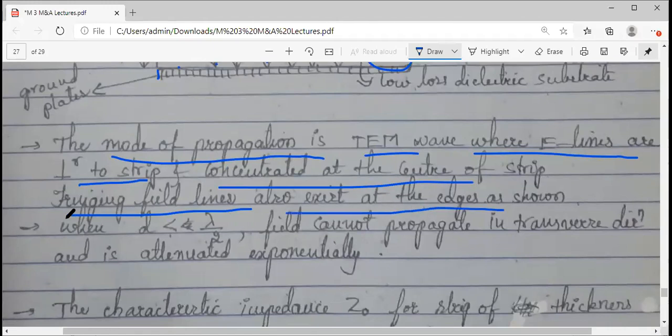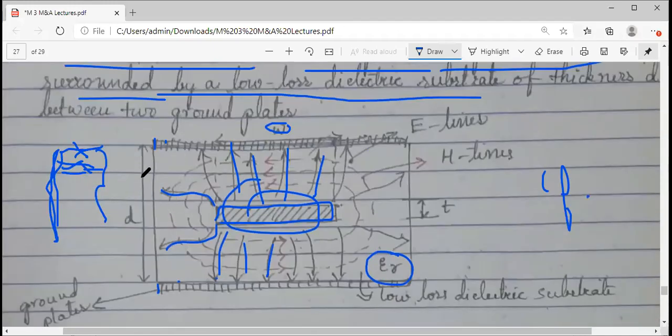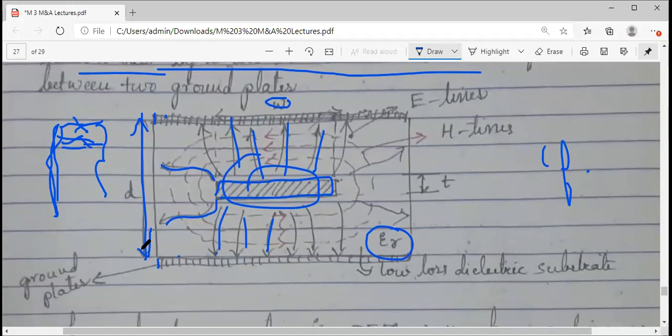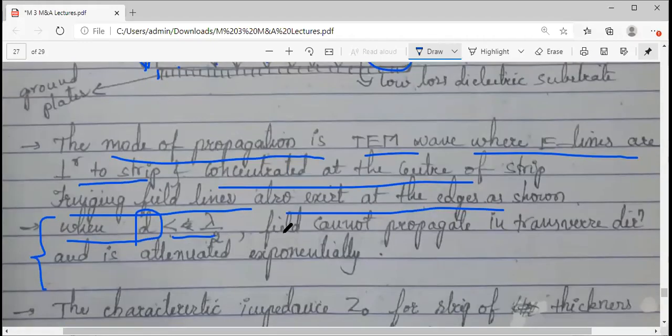Okay. Now, one condition I have given here: if this D is less than lambda by 2, what is this D? The spacing between the two plates. If this spacing is less than lambda by 2, then the fields cannot propagate in the transverse direction. Okay, this is one thing I have added.